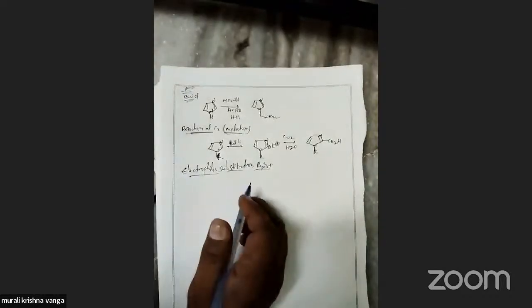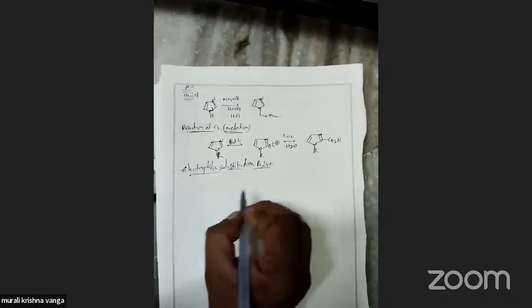Electrophilic substitution reactions take place at the C4 position.